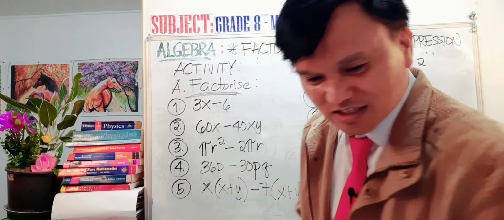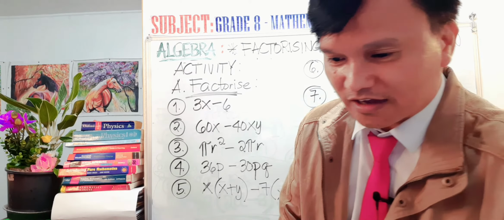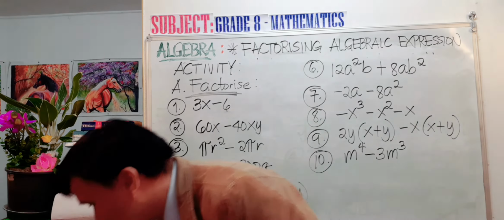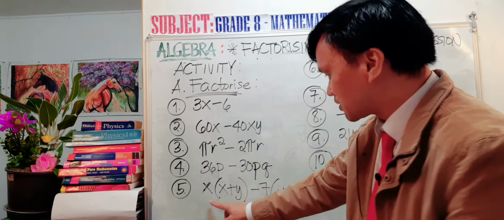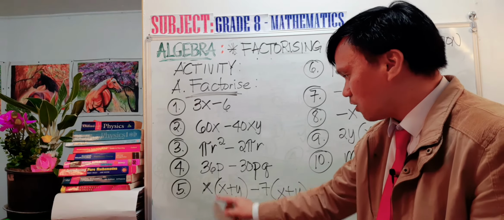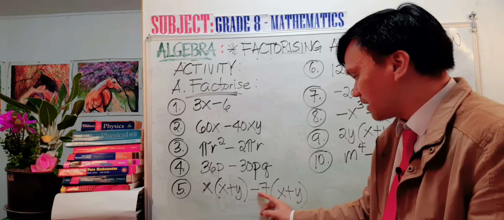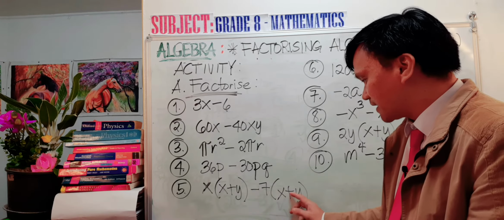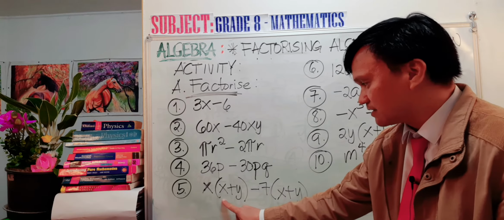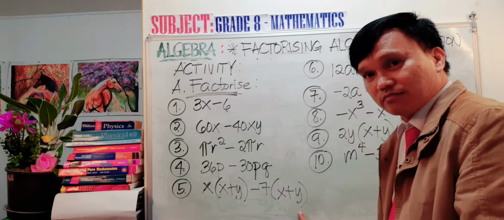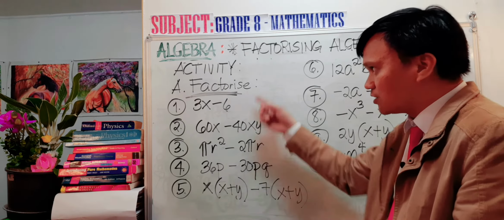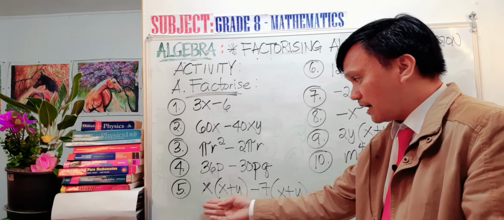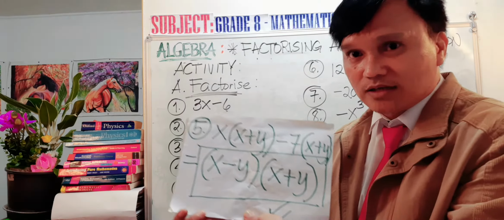Okay. Next, question number 5. Question number 5 is x, open, x plus y, close, minus 7, open, x plus y, close. And check this one, they're the same. So if this appears in any examination and you are asked to factorize, then you should know what to do.